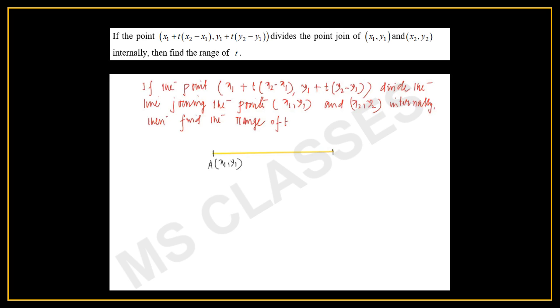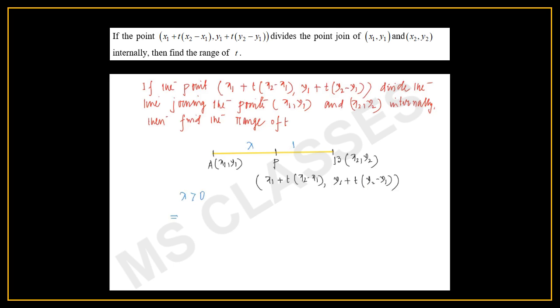We take the point B, which is (x2, y2). And we take the point P, which we denote by (x1 plus t into (x2 minus x1), y1 plus t into (y2 minus y1)). So this is the point P which we get. Now we think that it is divided in the ratio lambda is to 1. Since the division is internal, lambda must be greater than 0.